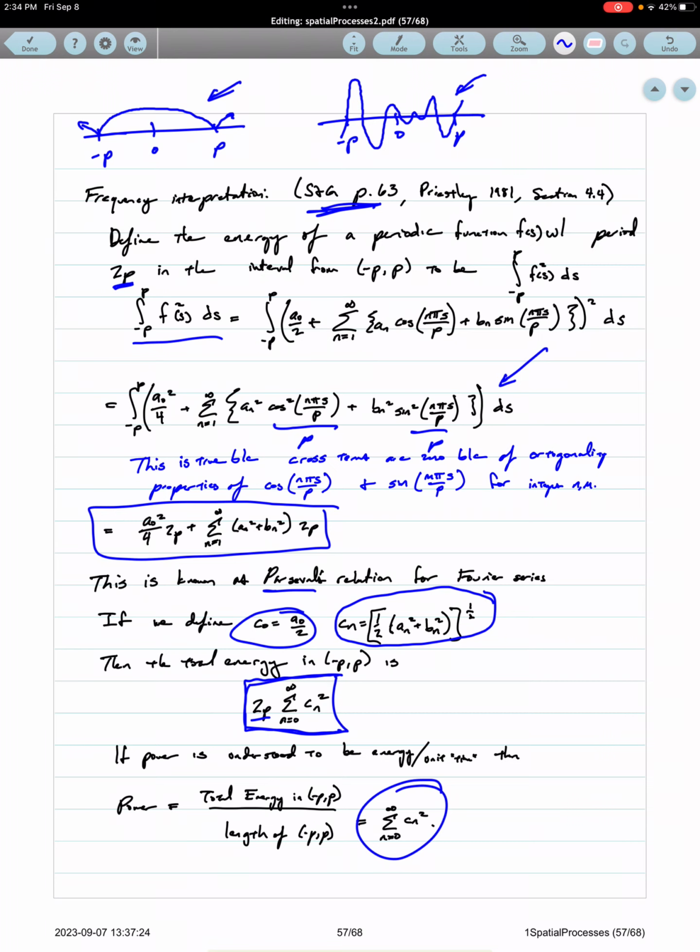Okay, so what we've got here is this number called energy, which tells us something about the amount of activity of this periodic function, and we can get that amount either by actually integrating this function, or it comes more cleanly through the Fourier representation of the function.